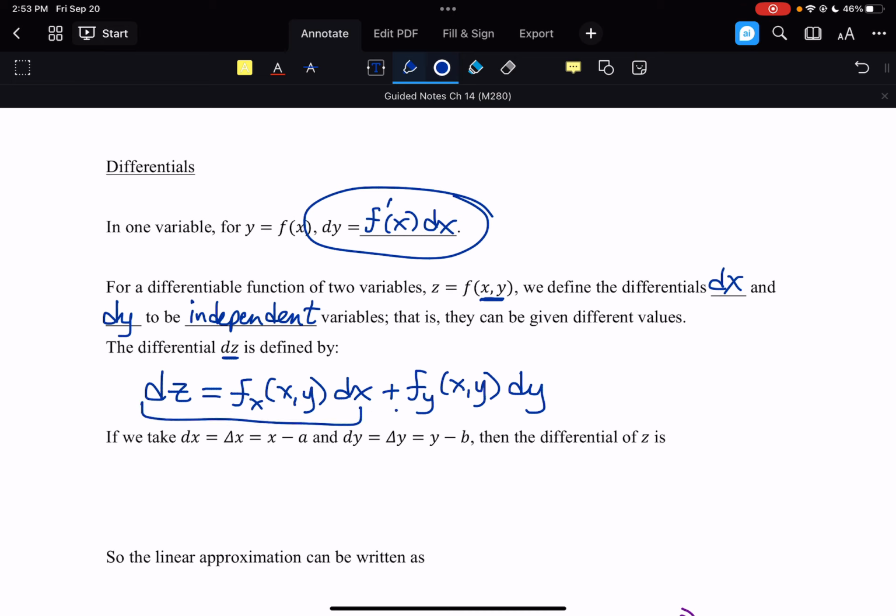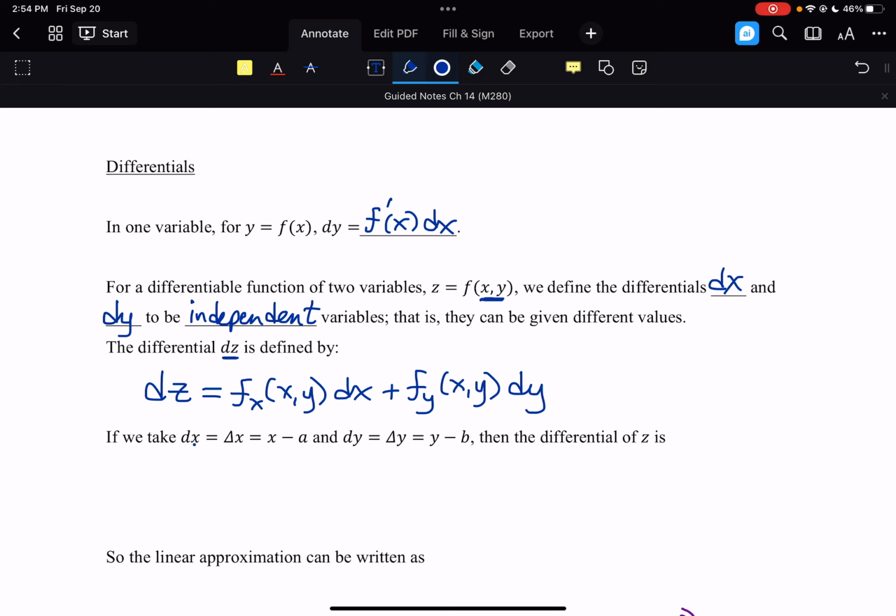If we look at them one by one, they have that general form of derivative times dx, derivative times dy. And this gives us dz. dz is dependent on dx and dy. So if we change the x value slightly and change the y value slightly, the new point that we get will have a different z value. So the z will change also.